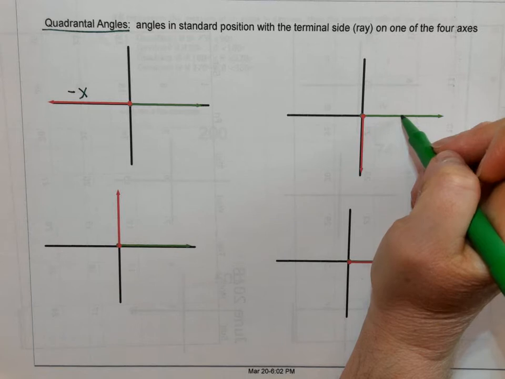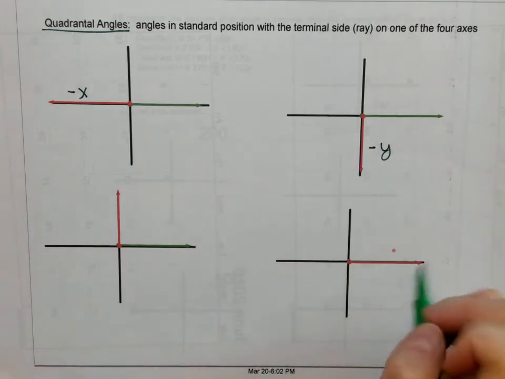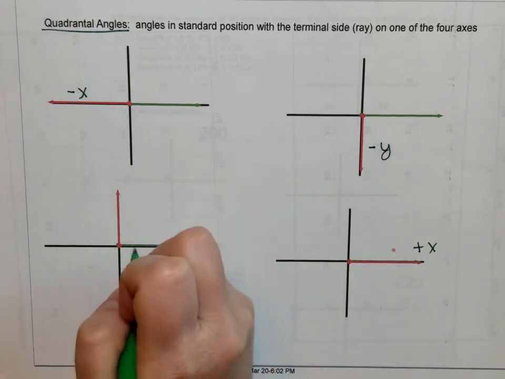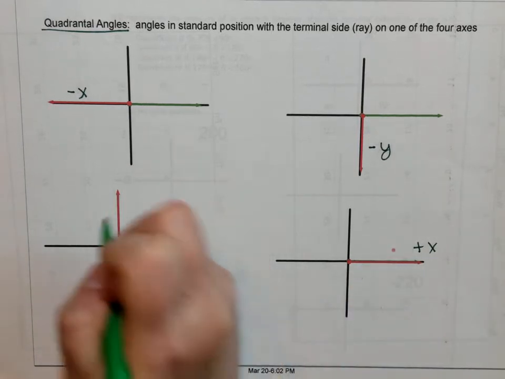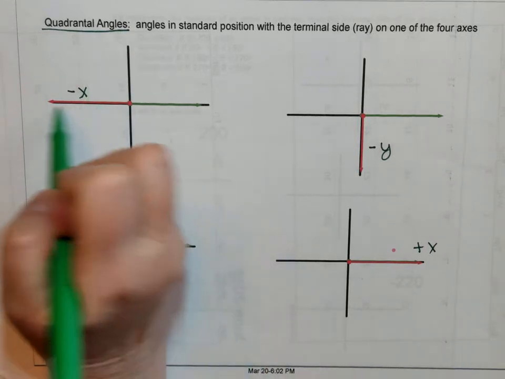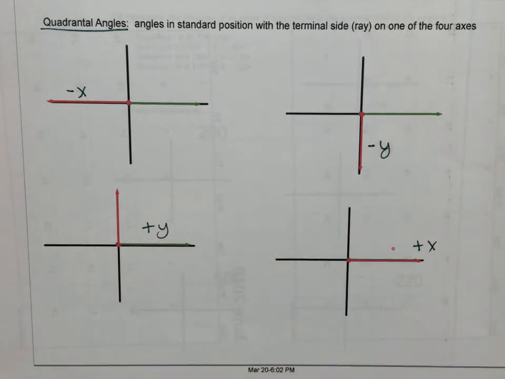If it's over here and down here, this would be the negative y. This would be the positive x because they're landing on top of each other. And this would be positive y because this is the positive part of the y-axis, just like this is the negative part of the x, the negative part of the y, and the positive part of the x. So quadrantal angles have those specific attachments to them.